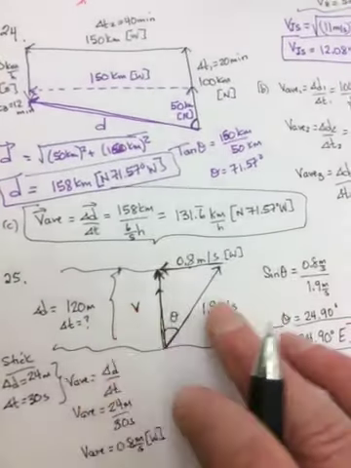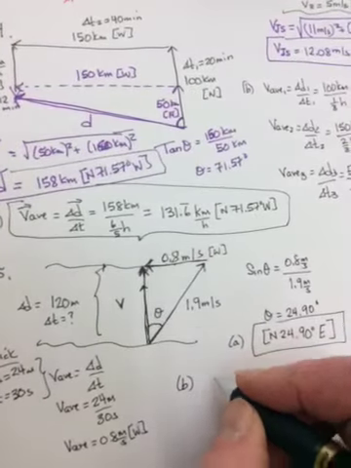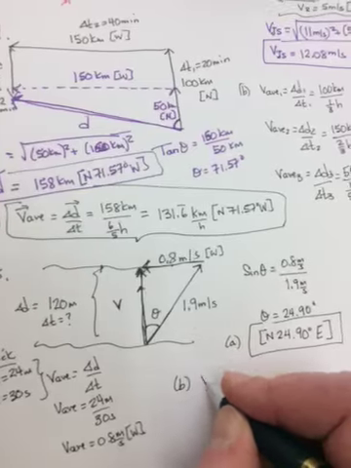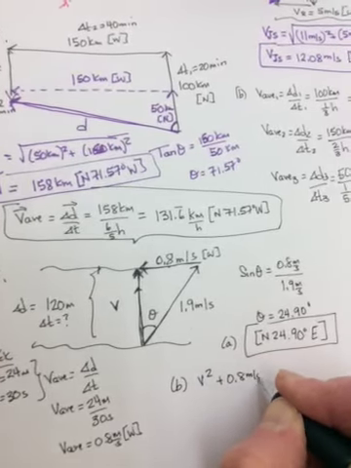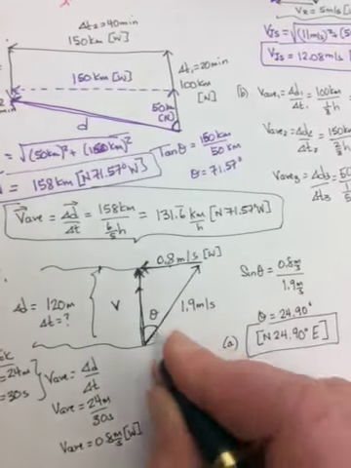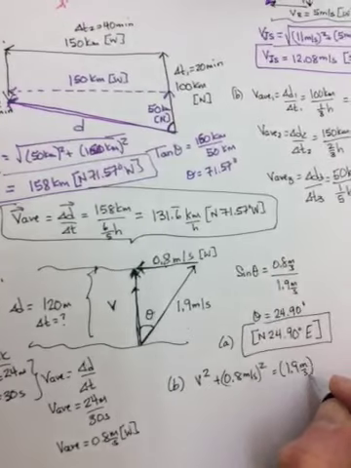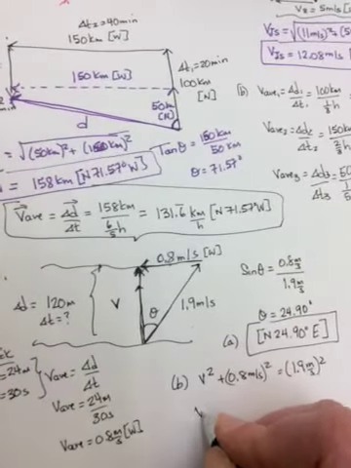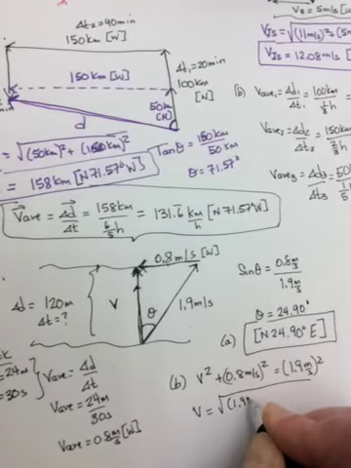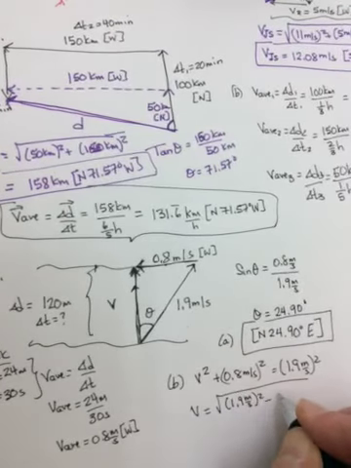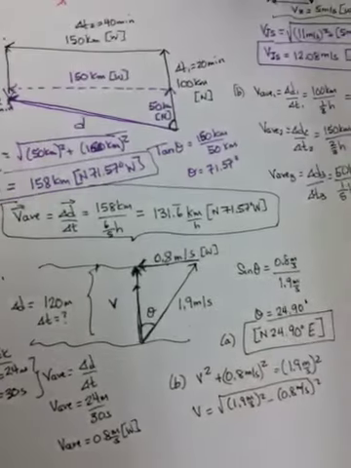But we can get this because it's a right angle triangle. So for part B, we could do Pythagorean theorem, and it'll be V squared plus 0.8 meters per second squared, because V is one of the sides, is equal to 1.9 meters per second squared. So V will be equal to the square root of 1.9 meters per second squared minus 0.8 meters per second squared.